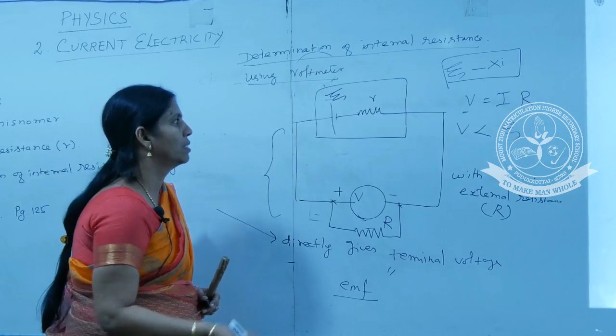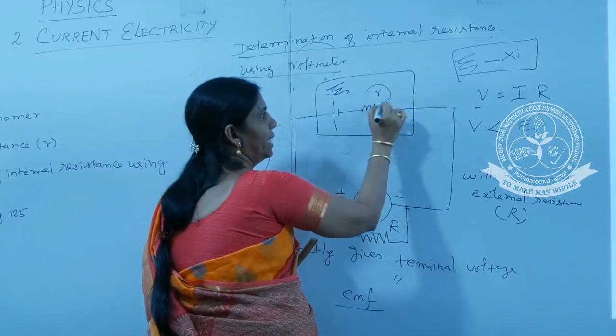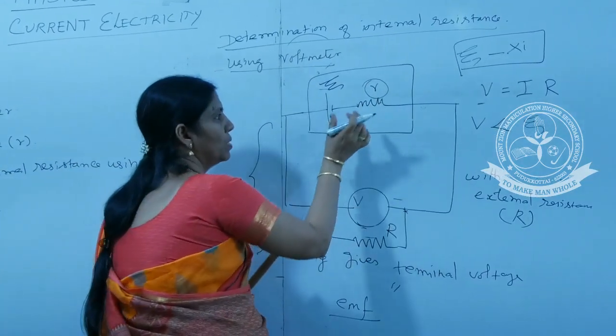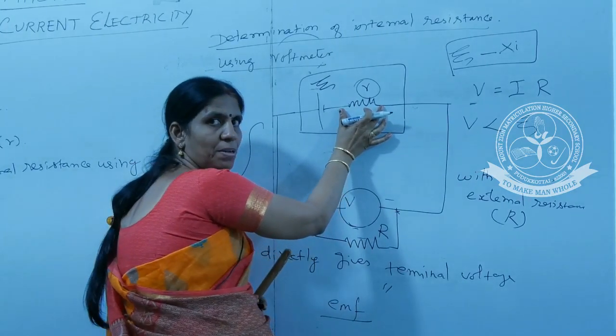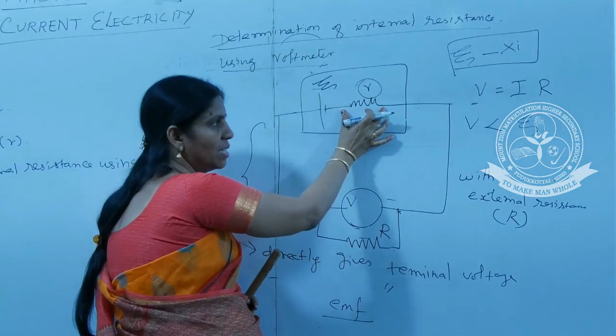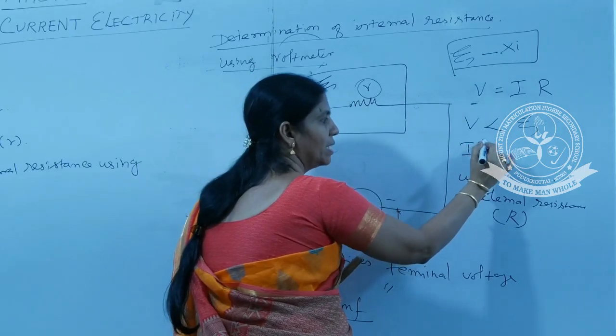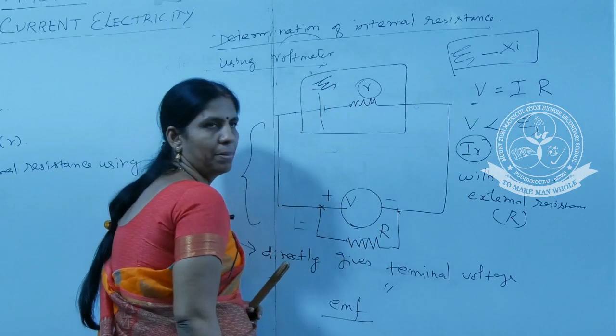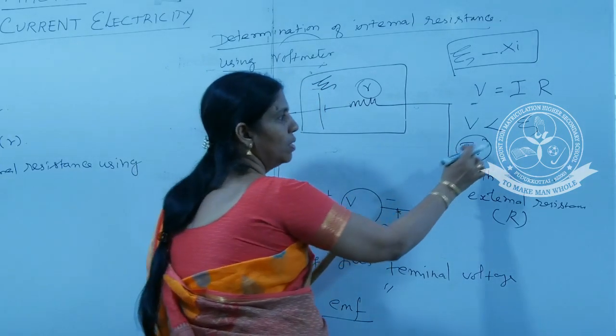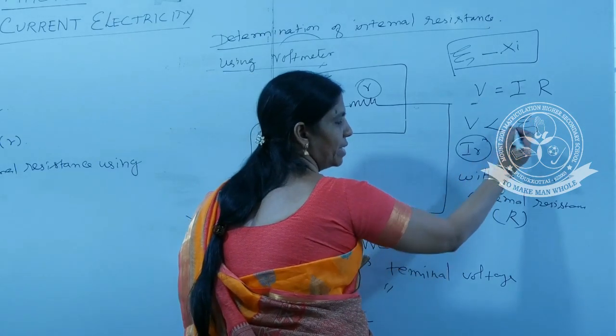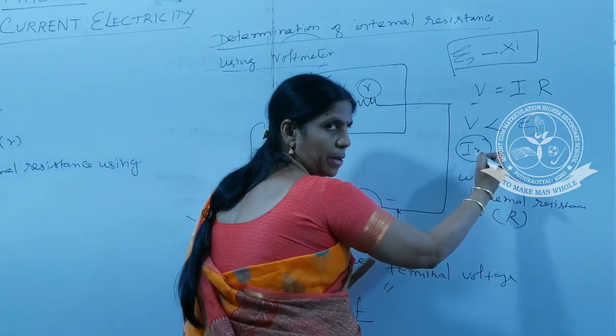It is because of the internal resistance; a certain voltage has been dropped across this internal resistance. So, the voltage drop across the internal resistance is capital I into small r. This value will be making the difference.